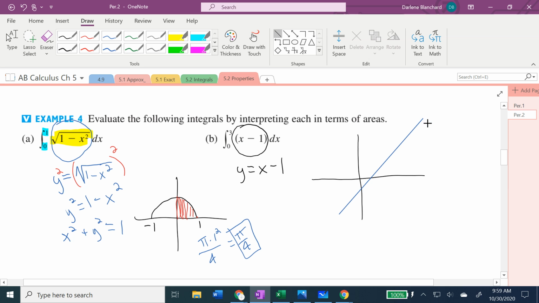Now look at the fact that it is from 0 to 3. And draw vertical lines at 0 and 3. And then draw vertical lines from the function to the x-axis. And by doing that, you will shade the regions that you're looking at area.